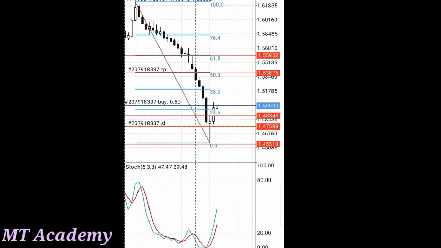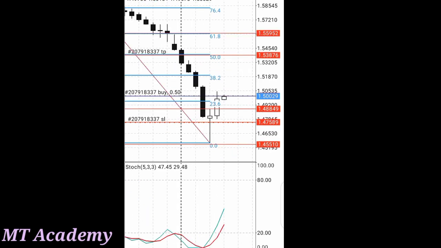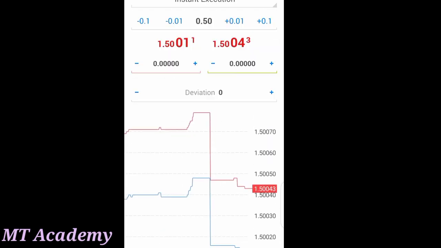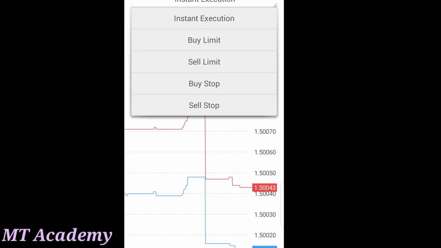Now that is being aggressive, but if you want to be conservative, you can wait for a retracement to the top of this very hammer, and then still put your stop loss below here and target the 50. So I can place a pending order instead of instant execution.